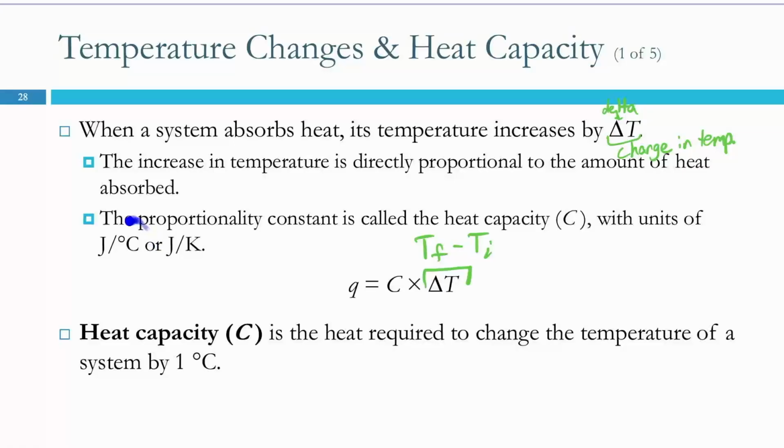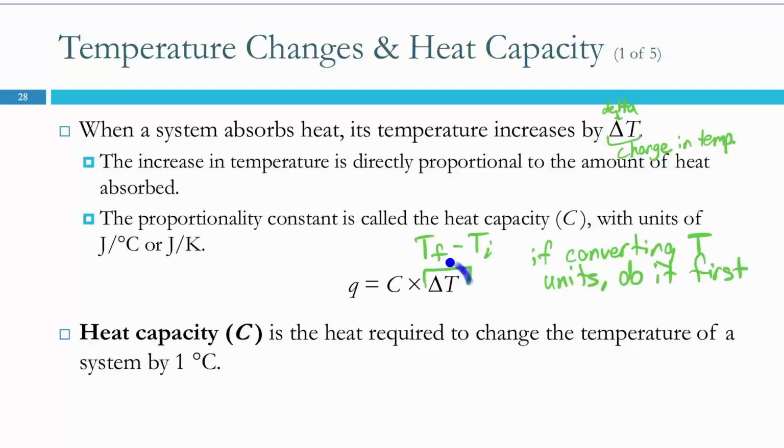The reason that it can be either degrees Celsius or Kelvin for this delta T is because degrees Celsius and Kelvin are the same size temperature unit. So it doesn't matter which one you use, just make sure that it's the same thing. If you are converting temperature units, do it first.